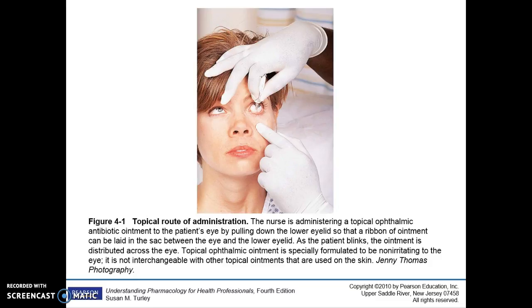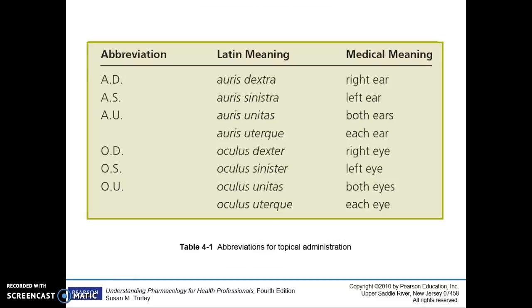And the other thing is, in our directions to the patient, we want to make sure that they know not to actually touch the tip of the applicator to the eye. Because that's really important. Some of the abbreviations that are associated with eyes and ears are also very important when we're talking about those routes of administration.